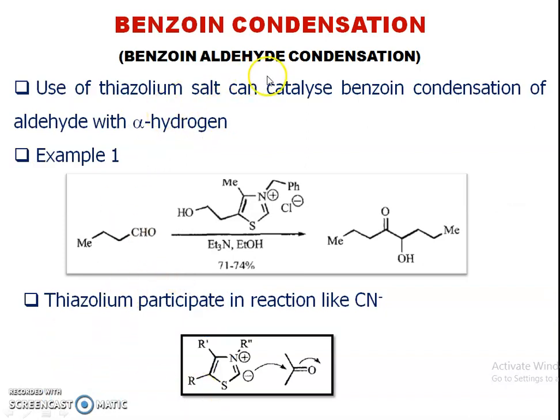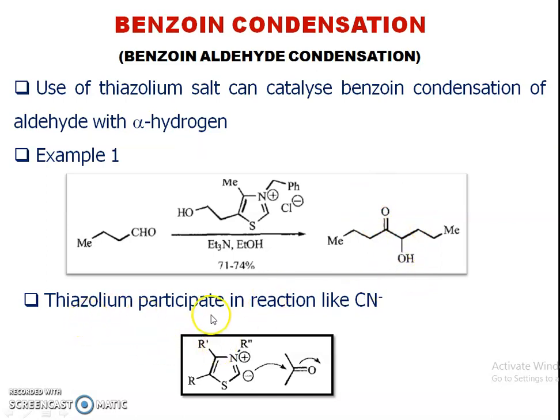Benzoin condensation can also be done using a heterocyclic compound like thiazolium salt. Instead of cyanide anion, you can use thiazolium salt like this. Aliphatic aldehydes with alpha hydrogen can undergo benzoin condensation with thiazolium salt, and it forms a benzoin-like structure, where two molecules condense together.